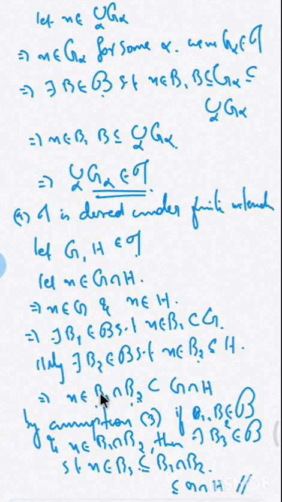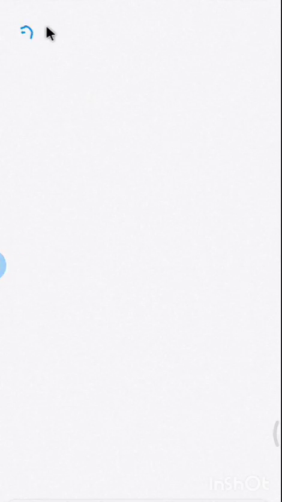So what do you get now? For every X in G intersection H, there exists some B3 such that X belongs to B3 and that B3 is contained in G intersection H. Therefore, G intersection H belongs to tau.